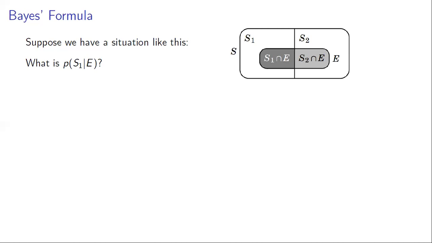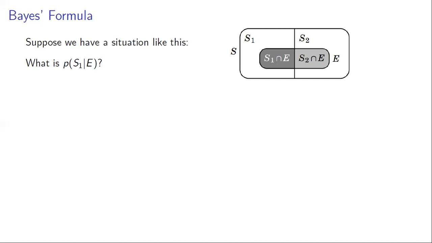As we see in the diagram, it's possible that E overlaps with S1 and overlaps with S2 as well. Technically it's possible that E is only in S1 or only in S2, but we allow for the possibility that E is part of S1 and part of S2.